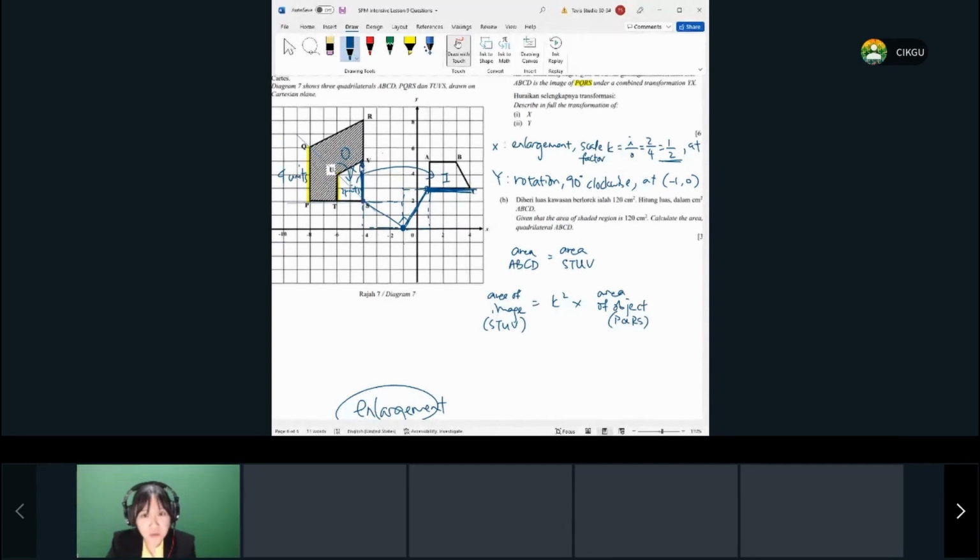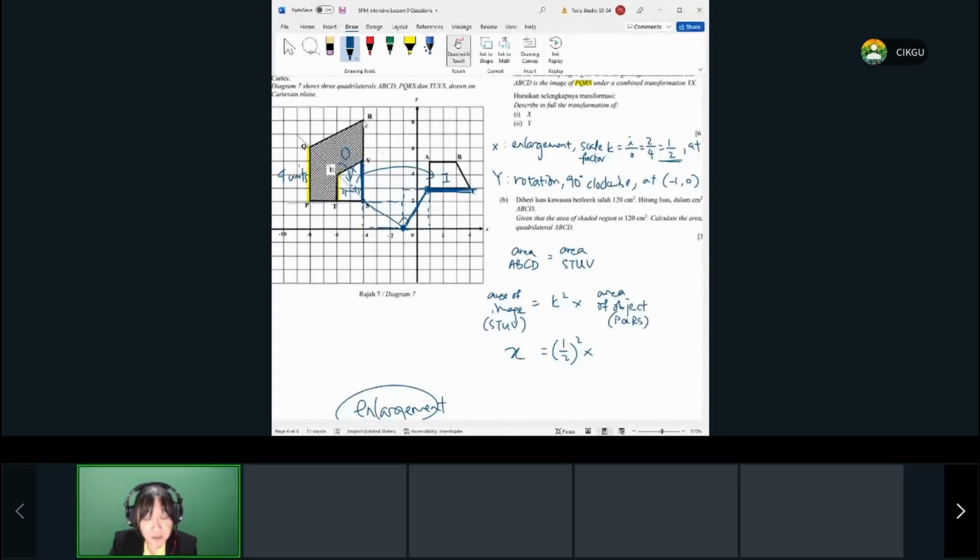Okay, so what is the area of STUV? Do we know? I think we don't know, right? So let's put it as x. Okay, what is the scale factor? Yes, we already found the scale factor just now. It was half. So substitute 1/2 squared, times the area of the object. Area of the object is the whole thing.